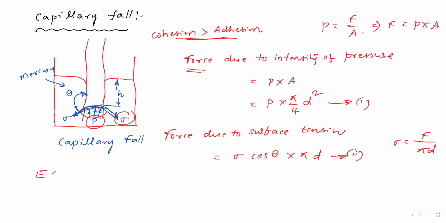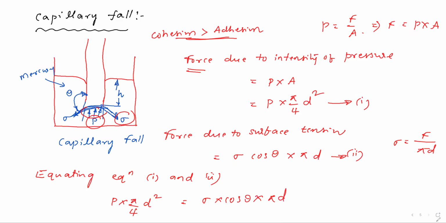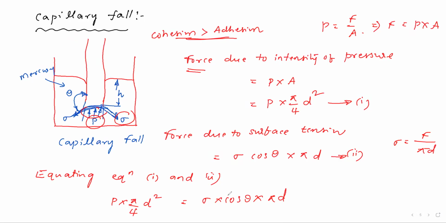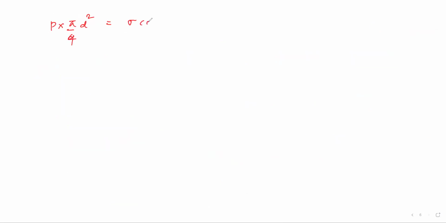So equating equation 1 and 2. Equation 1 is P into pi by 4 d square, which is equal to sigma into cos theta into pi into d, right? This pi into d is the circumference.